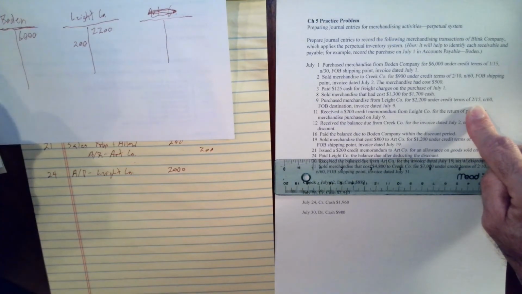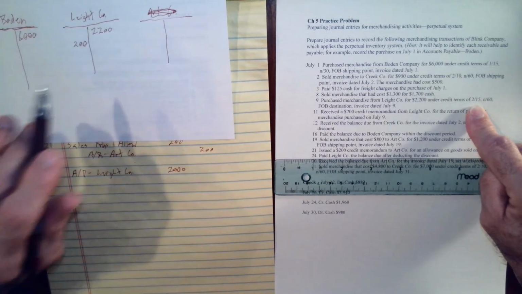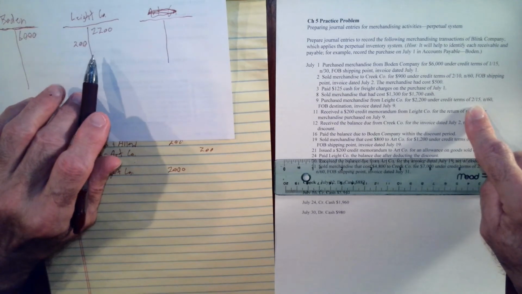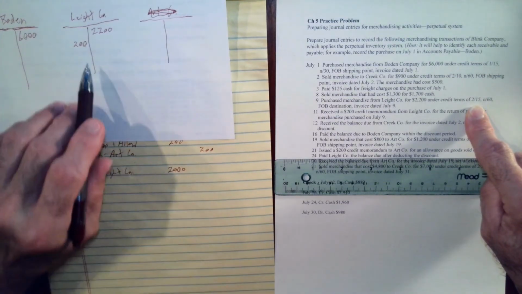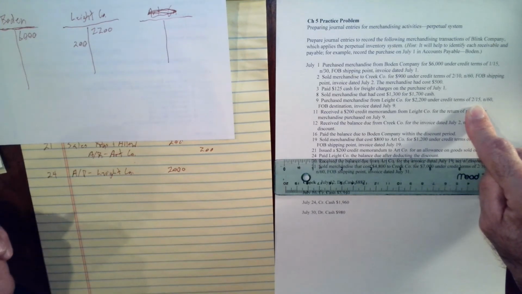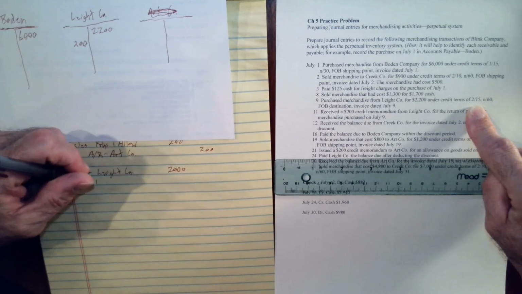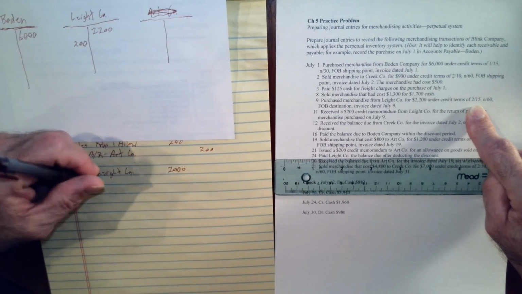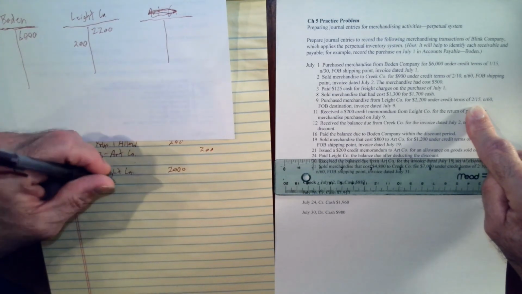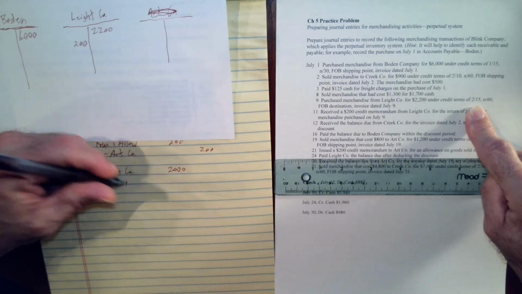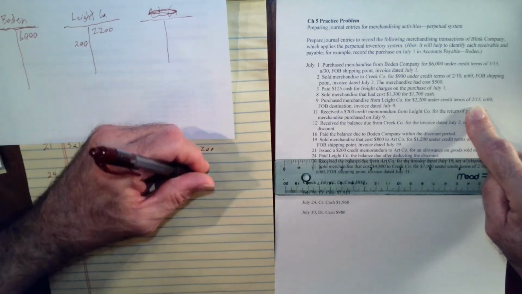I got $40 that I recorded, which is 2% of the 2,000. Okay. And that's going to wind up going to inventory credit, because now the inventory is worth less because of that discount.